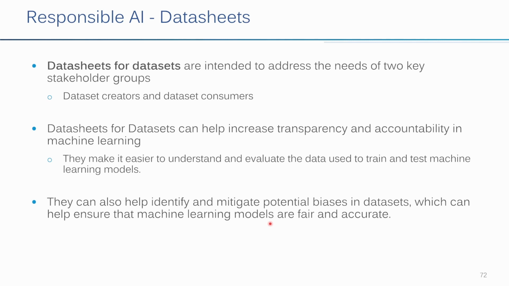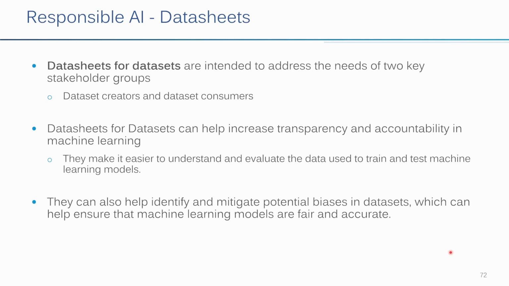It will make it easier for us to understand and evaluate the data used to train and test machine learning models. For example, we will understand that a given data set was collected during a specific time frame with a specific group of people, with a certain degree of education and so on. It has a certain data distribution with respect to a characteristic and so on.